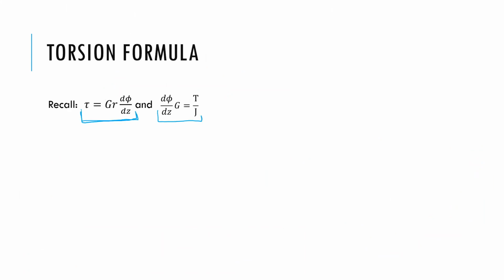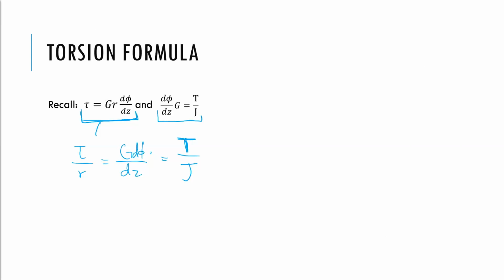So tau over R equals G d phi dz, which is equal to T over J, right?